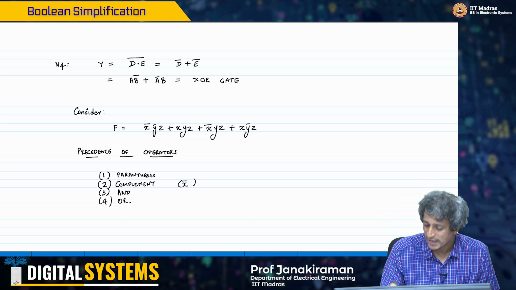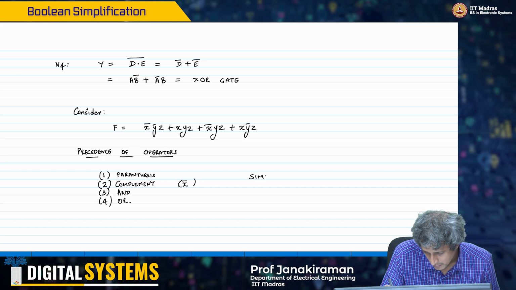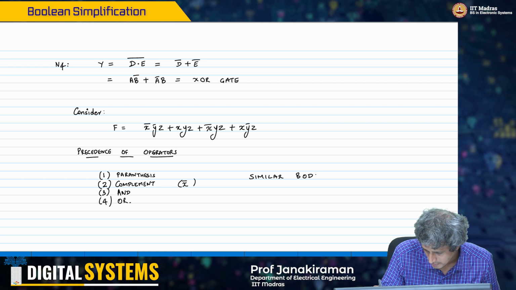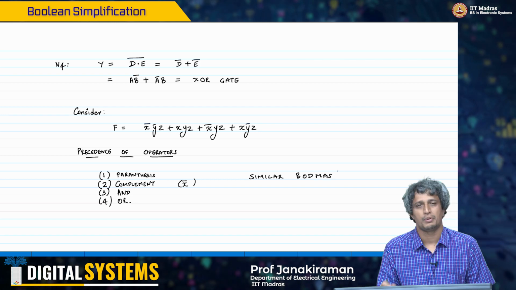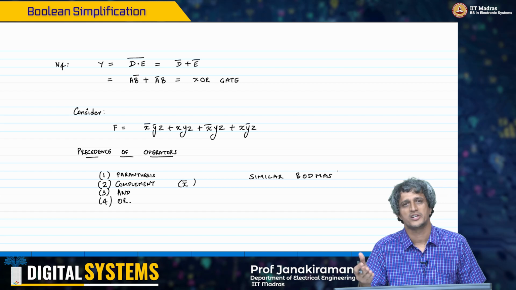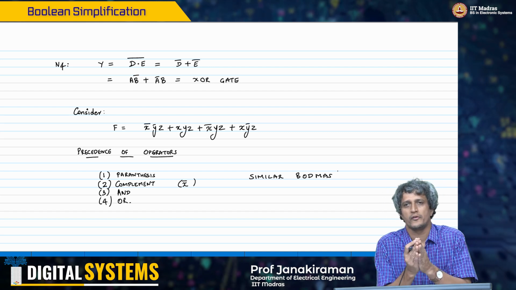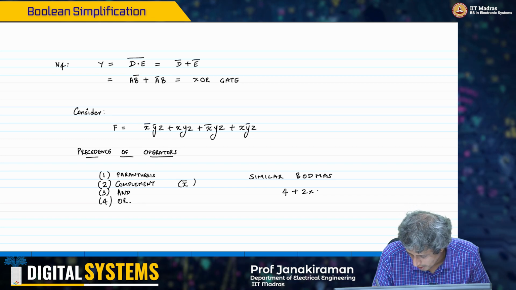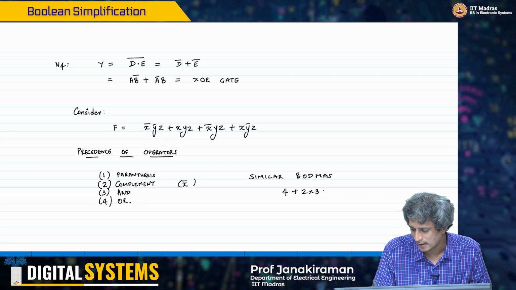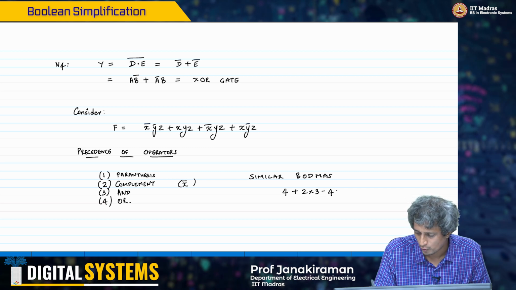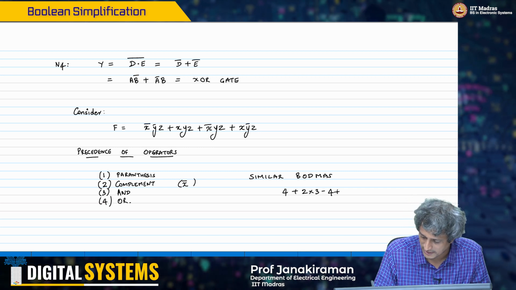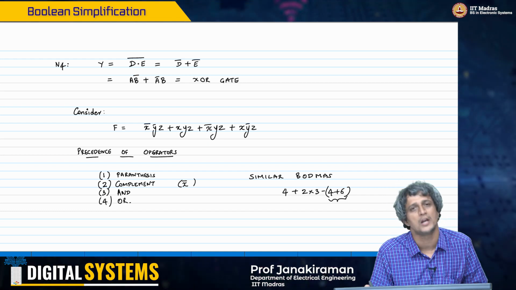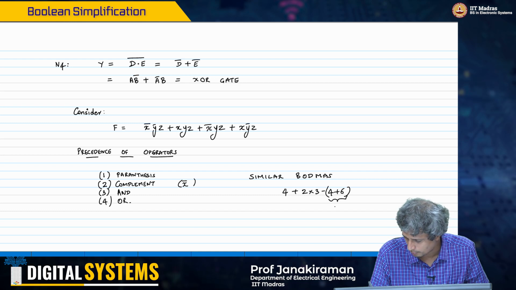This is very similar to BODMAS: brackets, of, division, multiplication, addition, subtraction, right. If you're just given an expression 4 plus 2 into 3, minus 4 into 4 plus 6, you straight away know that you first have to evaluate the parenthesis, the brackets.